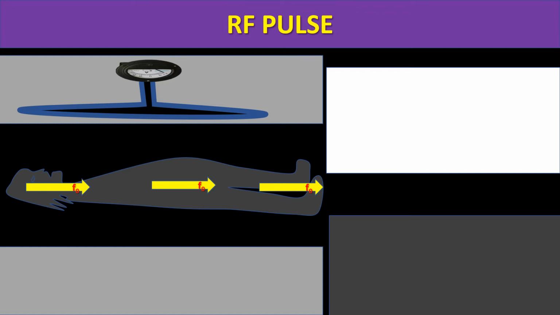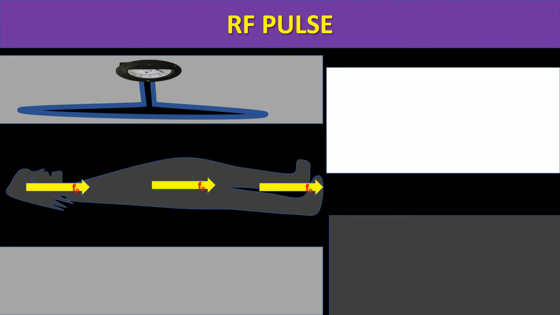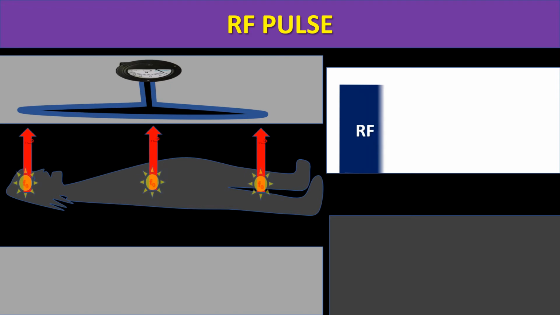Now to measure this, we measure the frequency, the magnetic field that is produced by the human body. What we do is give an RF pulse. Once we give the RF pulse, it will flip the magnetic field 90 degrees so that we can measure it. Why all this happens is what I have explained in the previous classes.